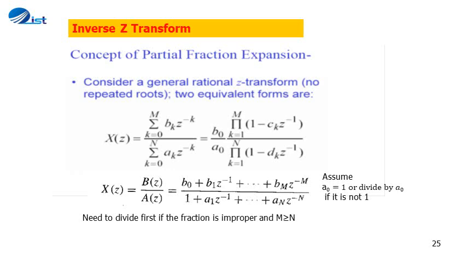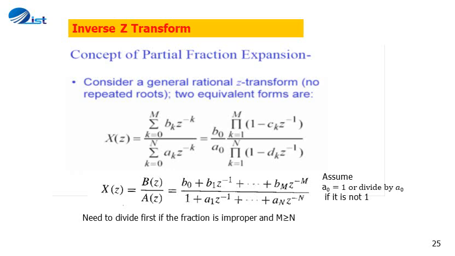For the summation case, the polynomial would be a polynomial of degree m in the numerator and a polynomial of degree n in the denominator. And for the product, it will be the product of roots of the polynomial in the numerator and roots of the polynomial in the denominator.